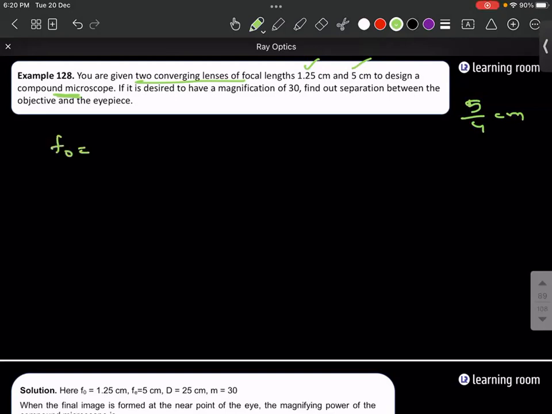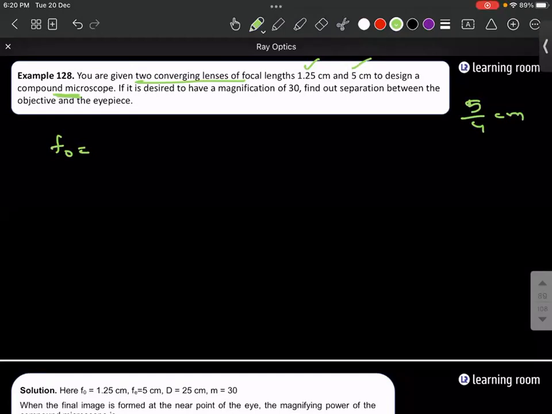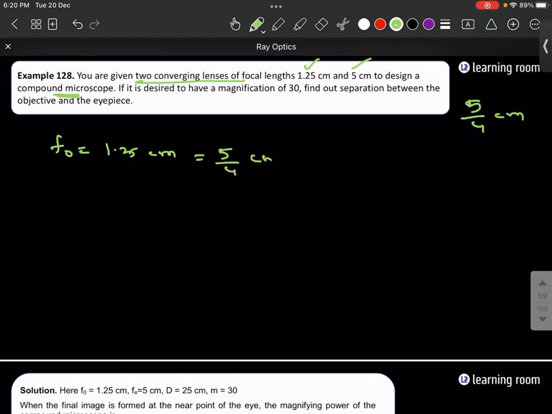So F naught is the focal length of the objective and its value is going to be 1.25 centimeter or 5 divided by 4 centimeter. Similarly, Fe is going to be equal to 5 centimeter.